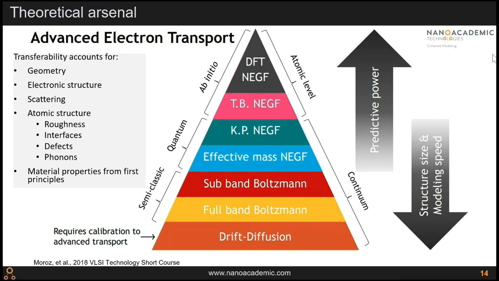There's also more and more scattering effects you can account for. The atomic structure, there's all sorts of mechanisms modifying the transmission and current going through these devices, so surface roughness, interfaces, defects, phonons, and all sorts of other material properties.